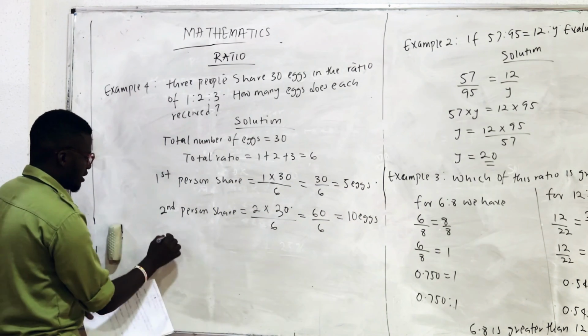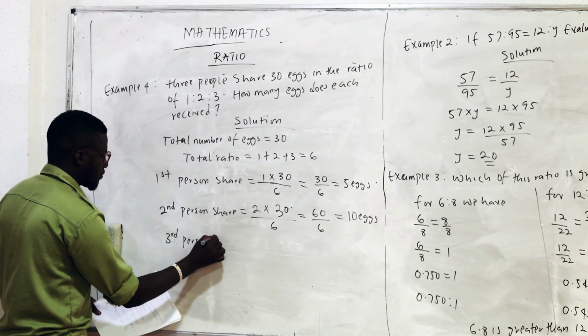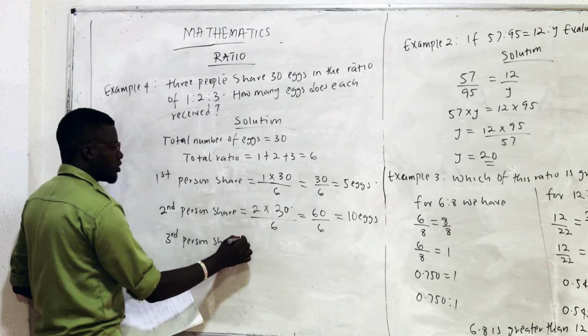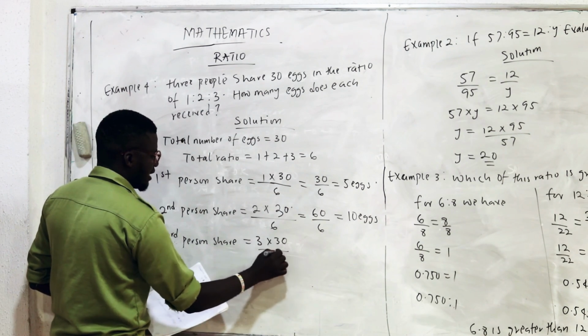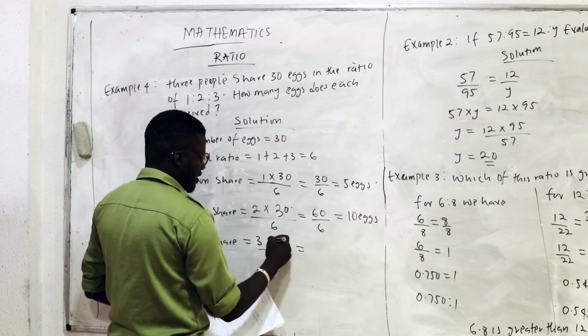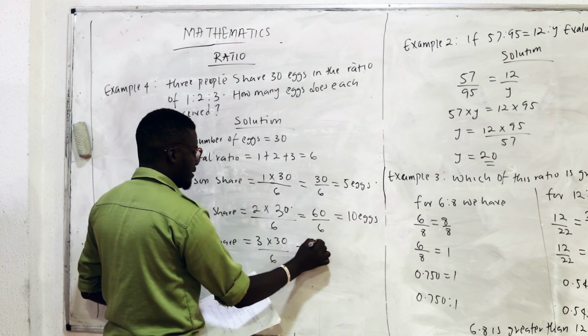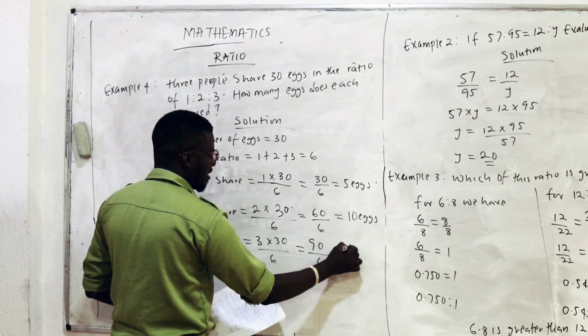So I'll move to the next one, third person share. So my third person share is going to be 3 times 30 divided by 6. Which I'm going to have 3 times 30 is going to give me 90. I'll divide it by 6. So 90 divided by 6, I'll have 15 eggs.